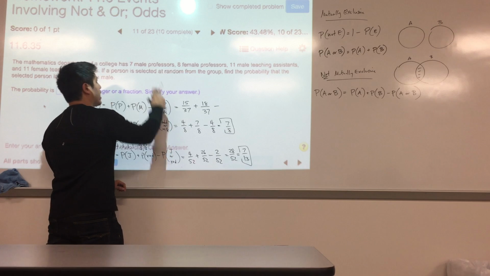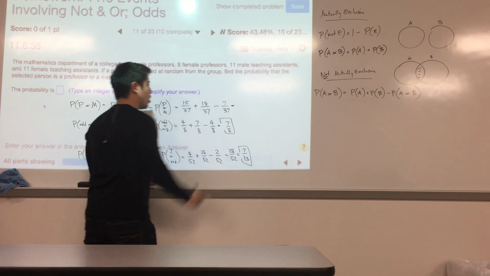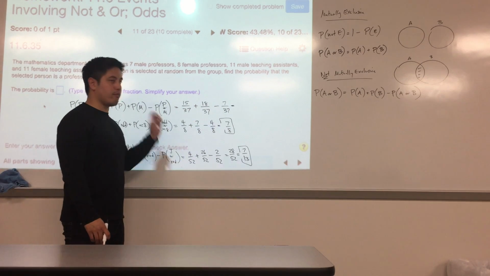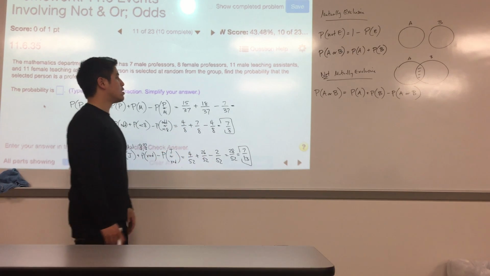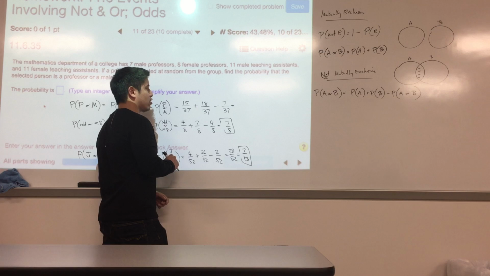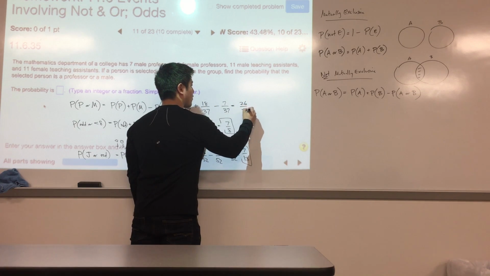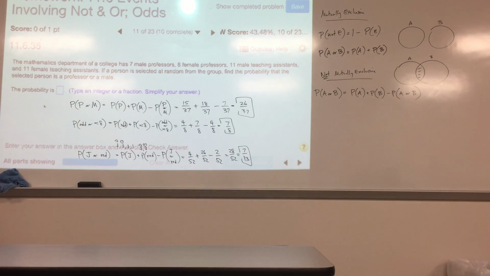Professors who are also male, 7 of them. That's the extra that you don't want to count. You don't want to duplicate male professors in this probability. It'll mess it up. So there it is: 15 plus 18, 33. 33 minus 7, 26 out of 37. Does that make sense, guys?